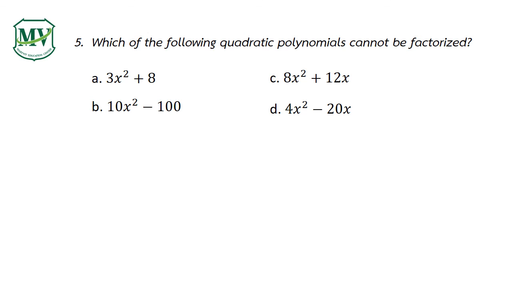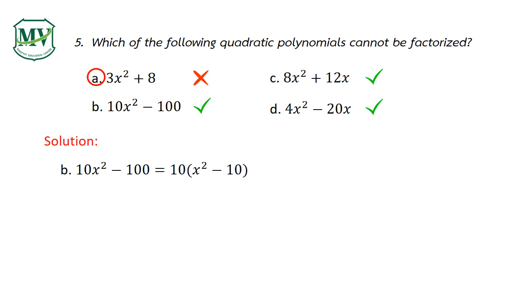Letter D, 4x squared minus 20x. So A cannot be factorized. B can be factorized. C can be factorized. D can be factorized. So letter A is the answer because letter A cannot be factorized.